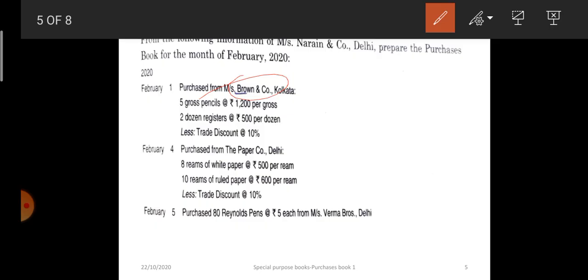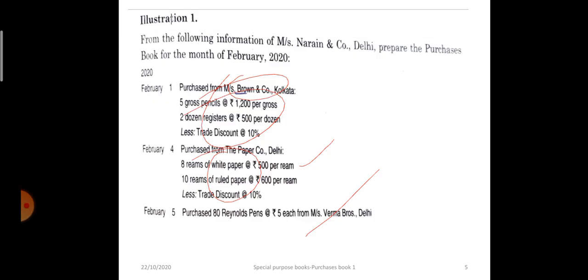Here in this particular question we are not involving GST and all. Then purchased from the paper company Delhi. The third is purchasing from Messrs. Verma Brothers. All are stationery items, so it will be recorded in purchases book.